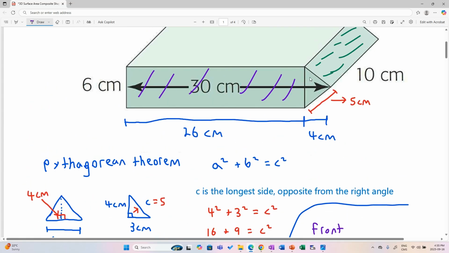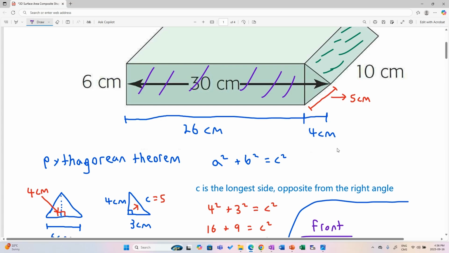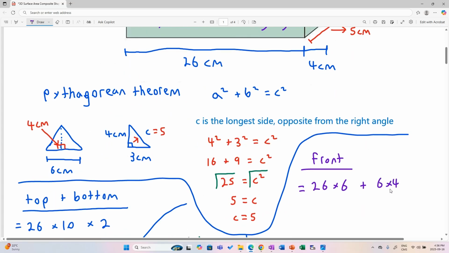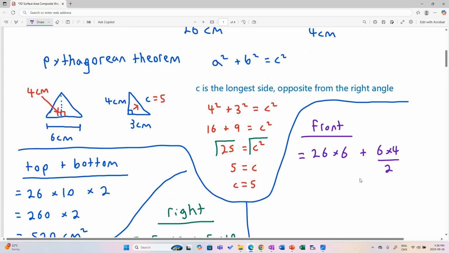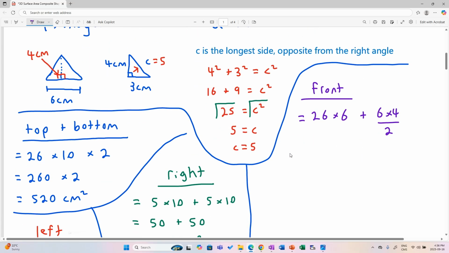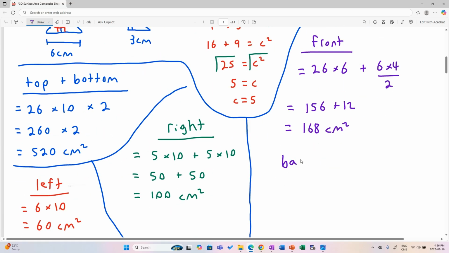I also have the side of this triangle here. This triangle's base is 6, and the height is 4. So this is going to be 6 times 4 divided by 2, because the area of a triangle is base times height divided by 2. Now 26 times 6 is 156. 6 times 4 divided by 2 is 12. So I'm going to end up getting 168 centimeters squared. And now the back is the same as the front, so the back is also going to be 168 centimeters squared.